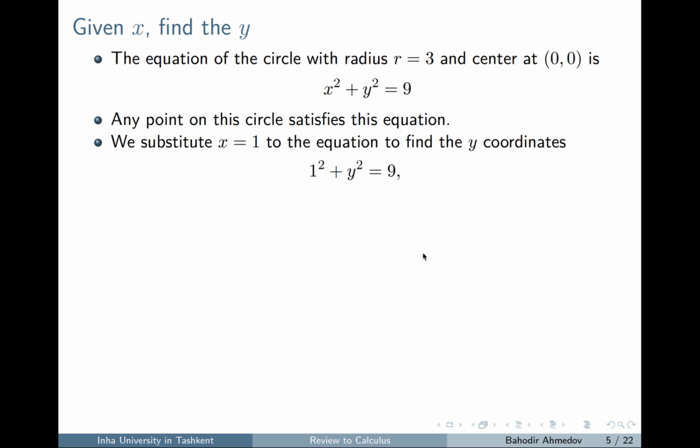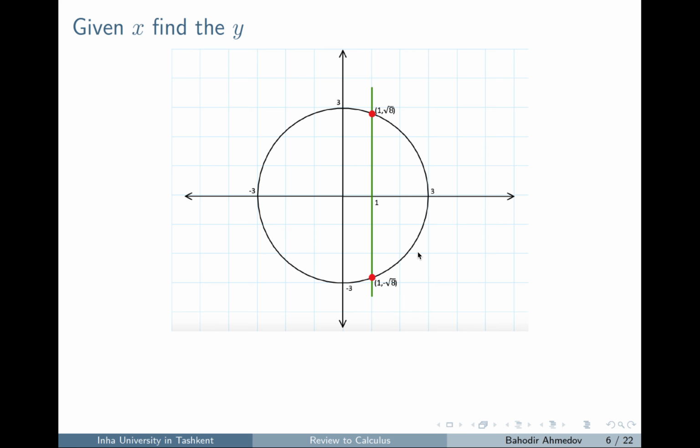Basically 1 plus y squared is equal to 9, and I can find that y squared is equal to 8, and the two values of y will satisfy this equation, right? So it is the square root of 8 as the plus and the square root of 8 as the minus. So basically the coordinates of the two points along the curve with x coordinate equal to 1 are (1, square root of 8) and (1, minus square root of 8).